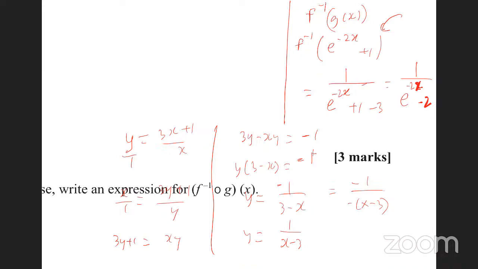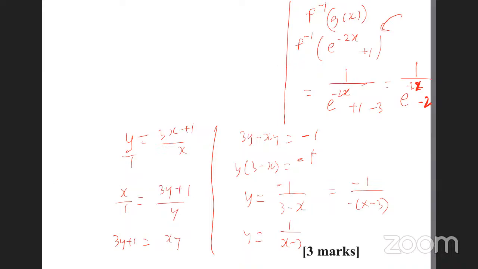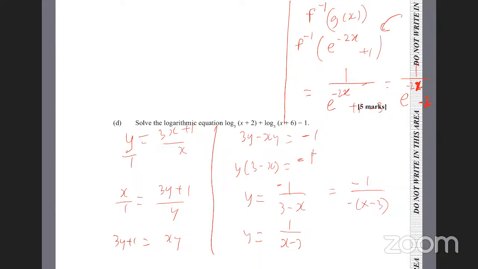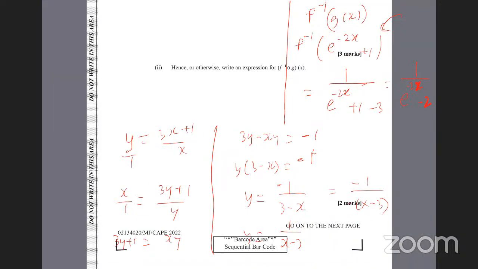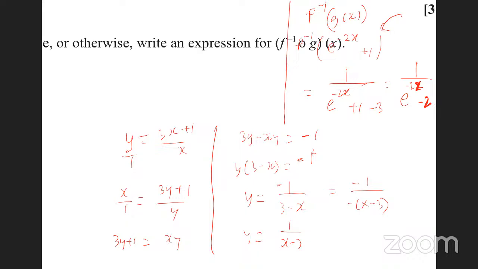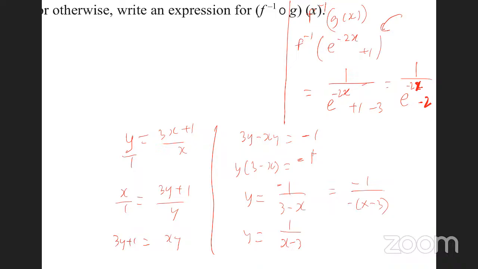Okay, now. I just want the expression. Cross multiply and then separate would probably take long. So all you're doing is just plugging in e to the minus 2x plus 1 into f inverse.